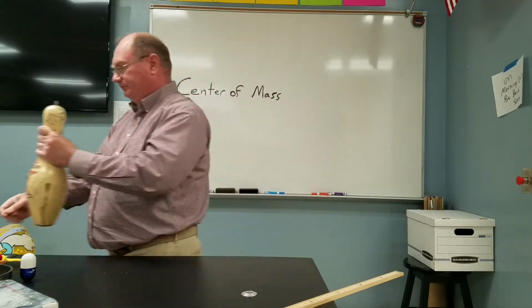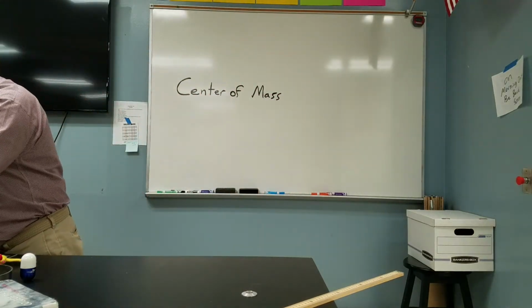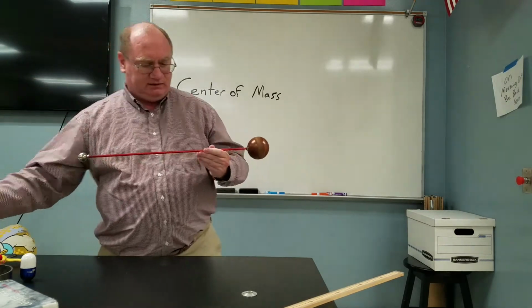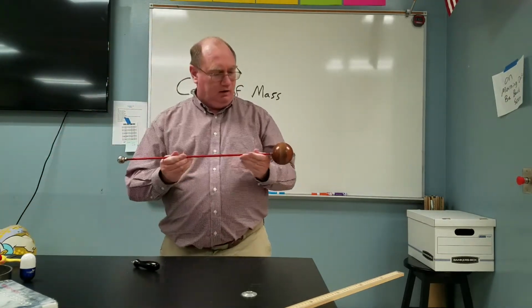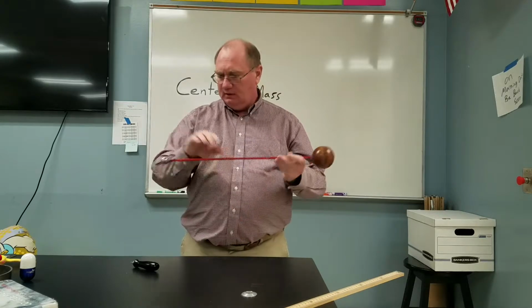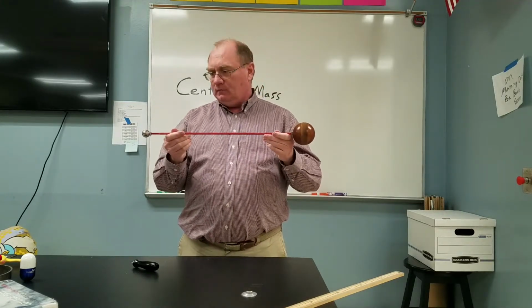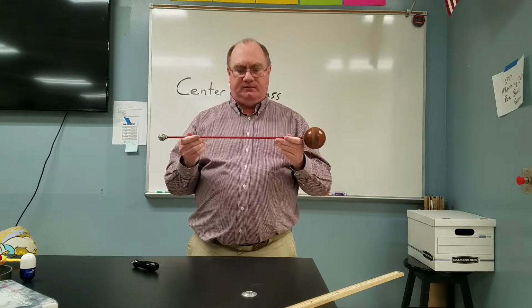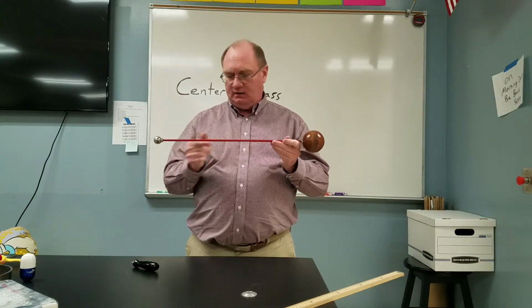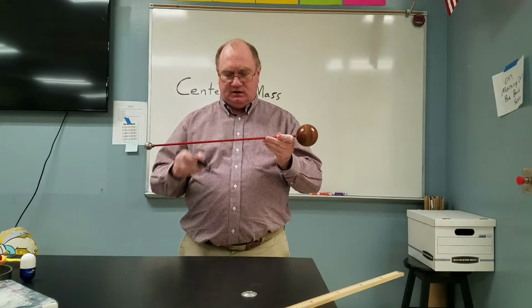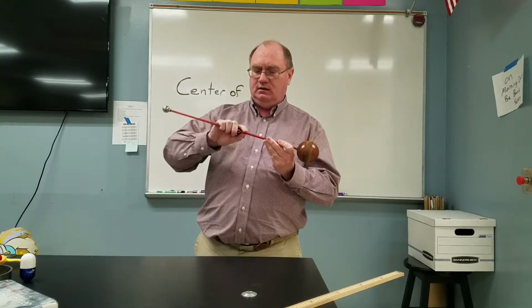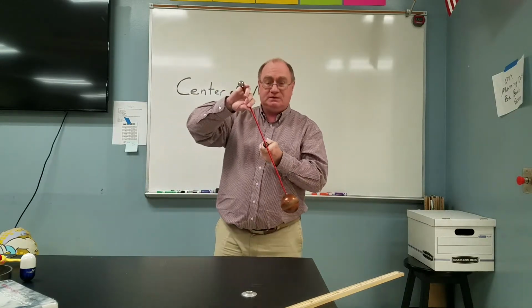Speaking of which, let's take a look at this one. We've got a wood ball over here, a metal ball on this side. Where do you think the center mass would be? Well, most people get into the trap of saying the center, like right here. But it's not exactly there, because if I put this here and we try to spin it, remember always we'll spin around its center mass.